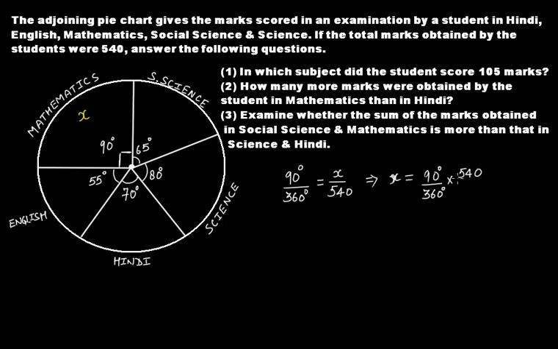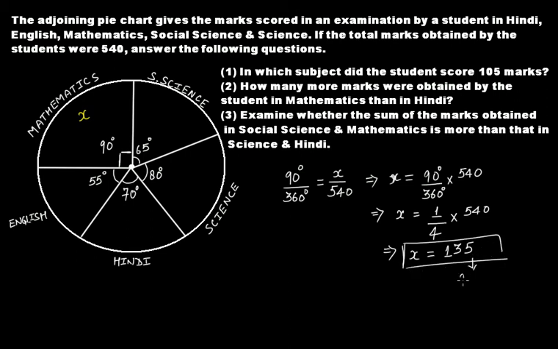If you solve it, 90 by 360 gives 1 by 4, and 540 divided by 4 gives 135. So the value of X is 135 marks in the case of mathematics.